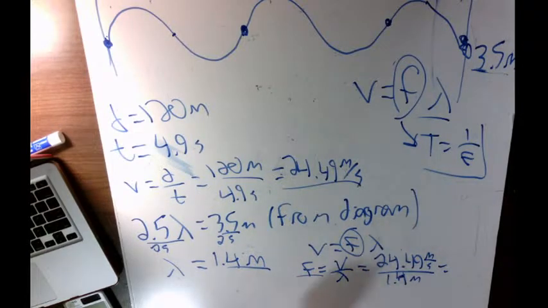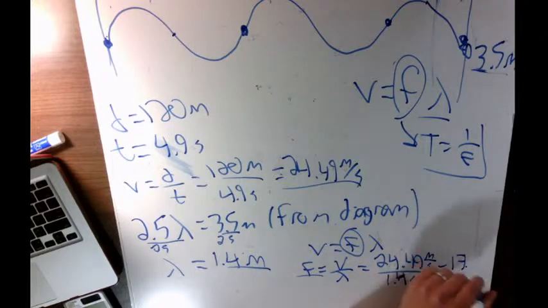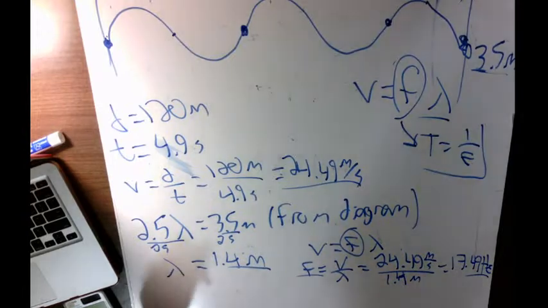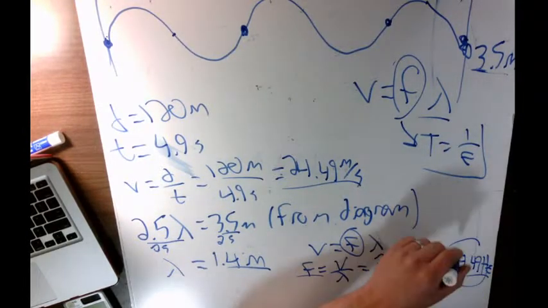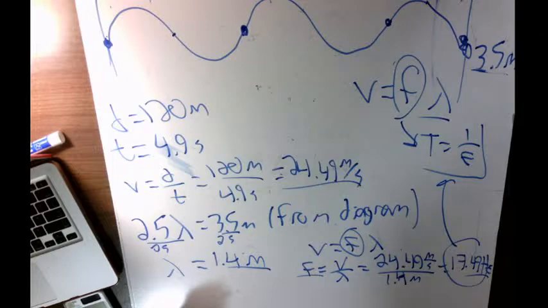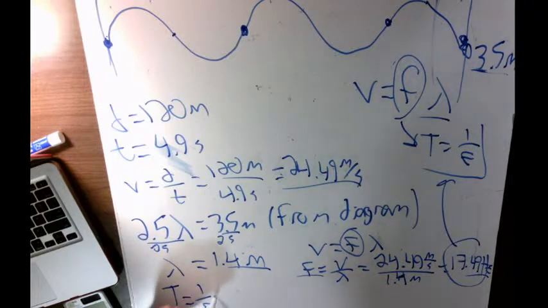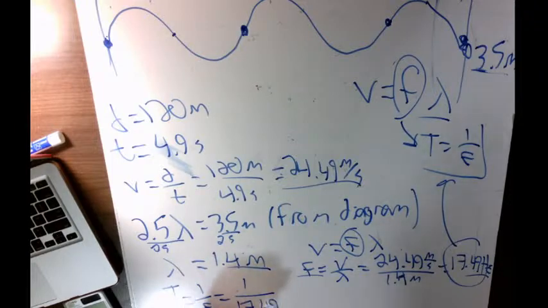So the frequency of this wave is 17.49 hertz, or 17.49 cycles per second. Not quite done. We need to take our frequency and convert it to period. Period is equal to 1 over frequency, is equal to 1 divided by 17.49.